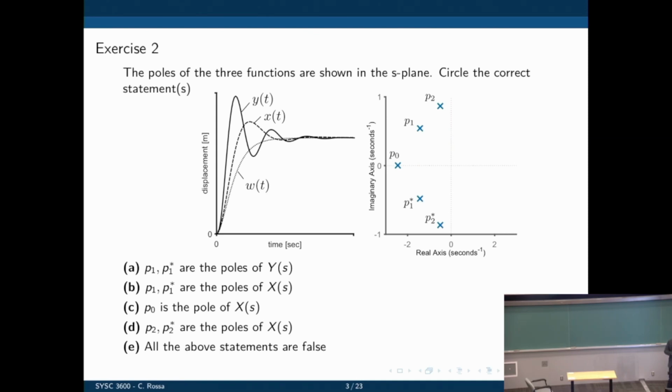So P0 corresponds to W of t. Does that make sense? Yeah.